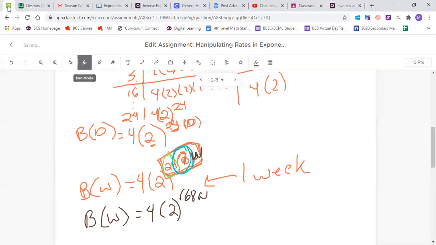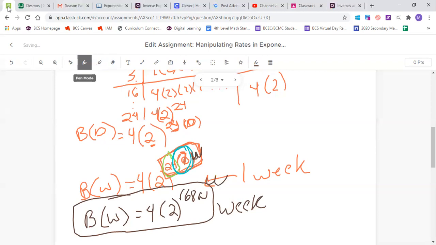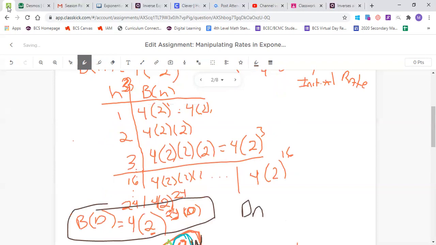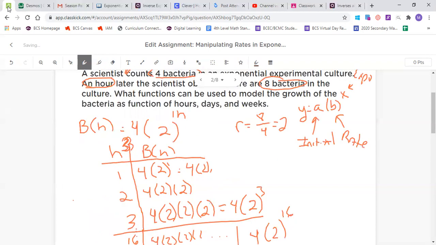Now I've modified this equation to be set up for weeks, a function based off of weeks of the bacteria. I've also modified it to have a function for days, and I've come back here to the original hours equation.